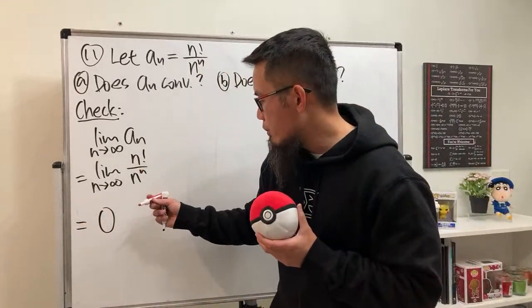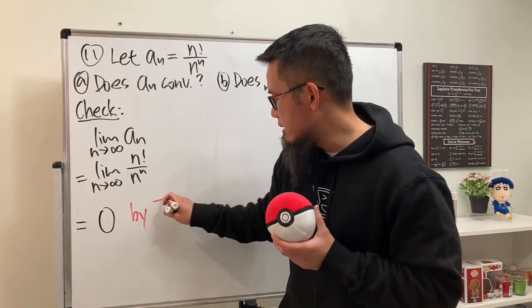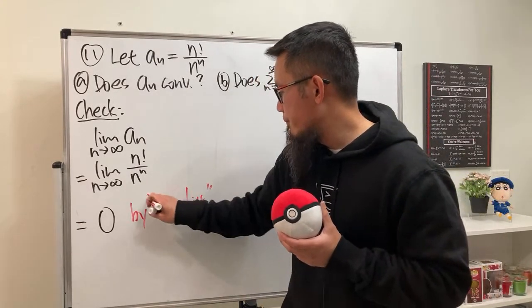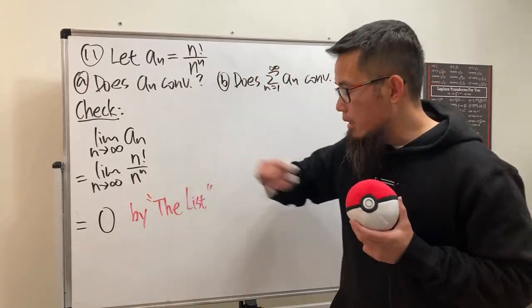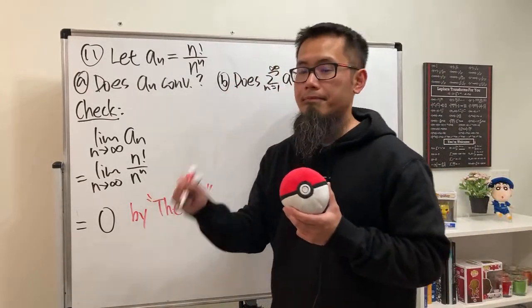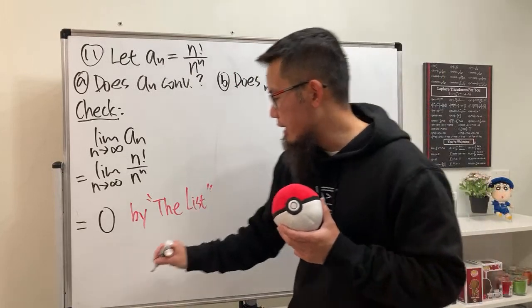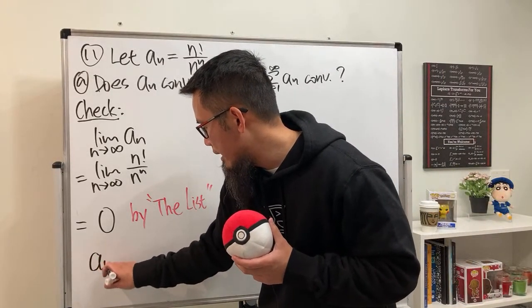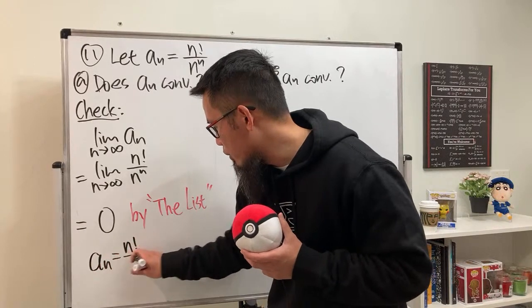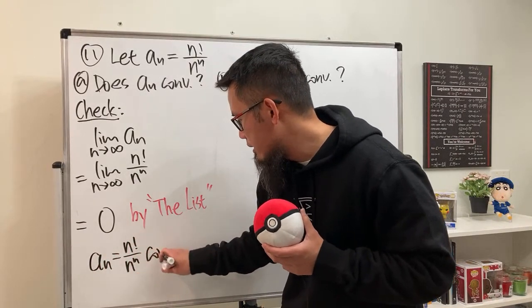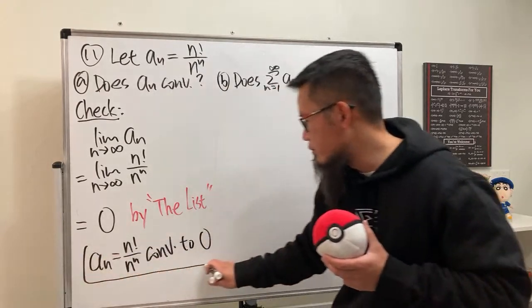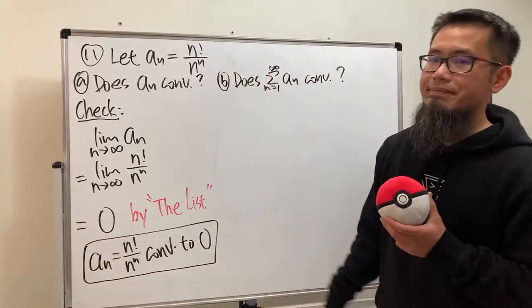Why? Because n factorial is smaller than n to the n. Yeah. So that's pretty much it. And then just to be proper, we can say an, which is n factorial over n to the n, does converge and converges to 0. So this right here is it.